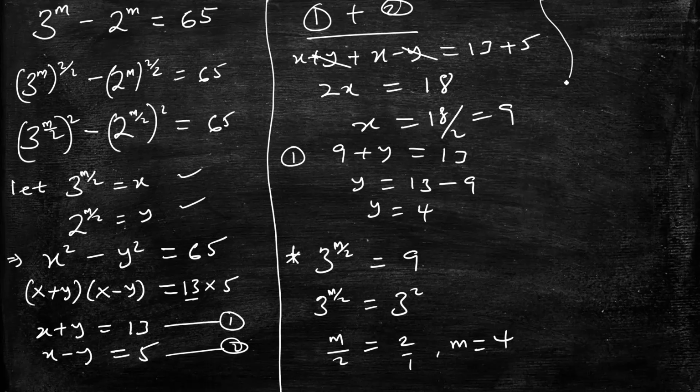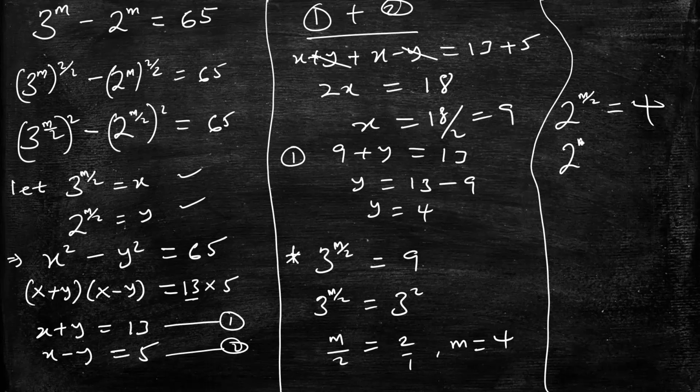So let's do the same to 2 raised to m on 2 equals y. Y is 4, so 2 raised to m on 2 equals 2 to the power 2. So m on 2 equals 2. Alright, so my m is still 4. Okay, that's that.